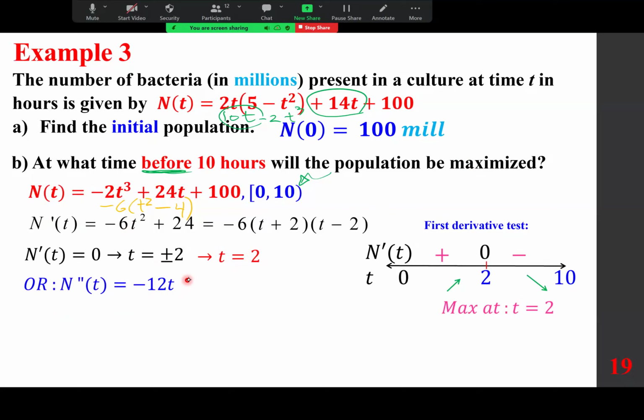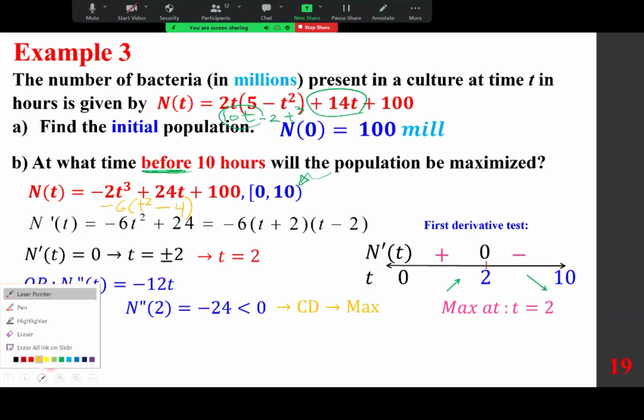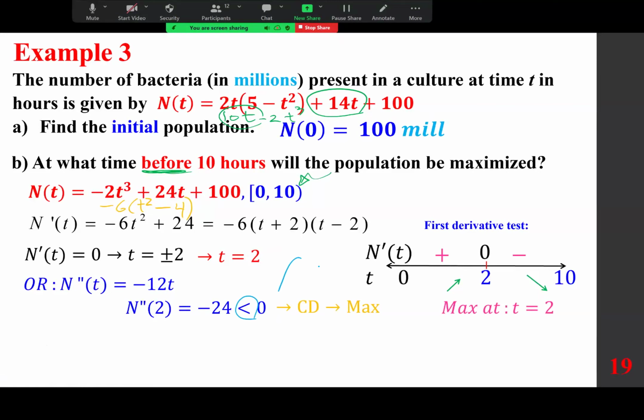If I plug in 2, I get negative. Negative means concave down, looking like that, and concave down gives us the max.